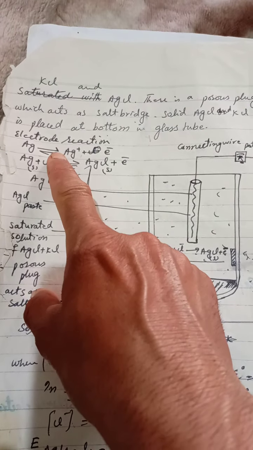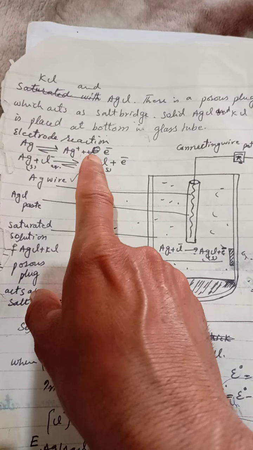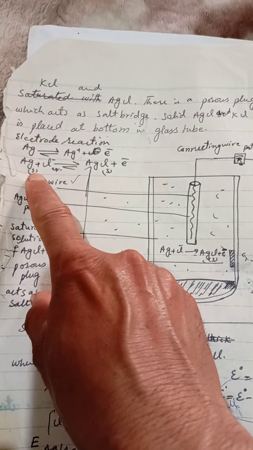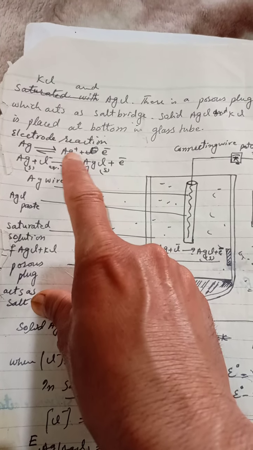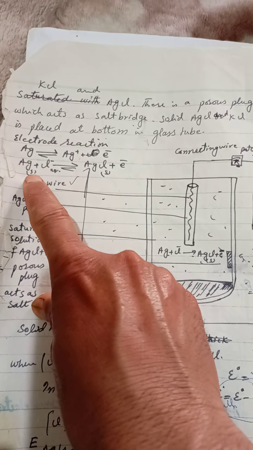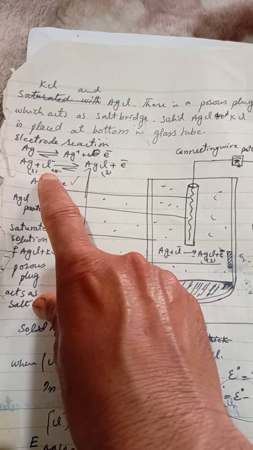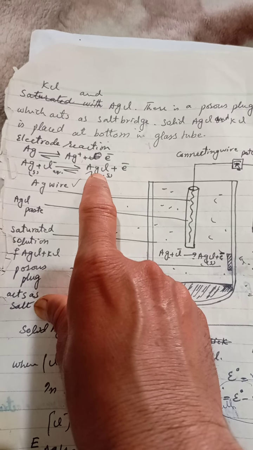This is the electrode reaction: Ag plus Cl negative ion gives AgCl, the same reaction. Basically Ag is oxidized and precipitated in the form of AgCl, which is solid and insoluble in water.